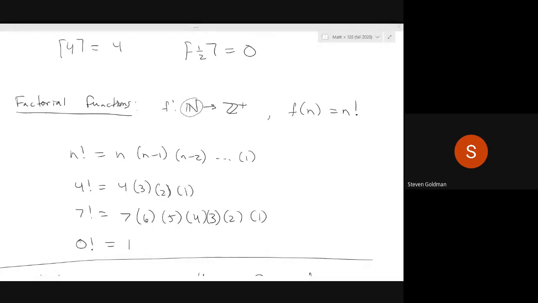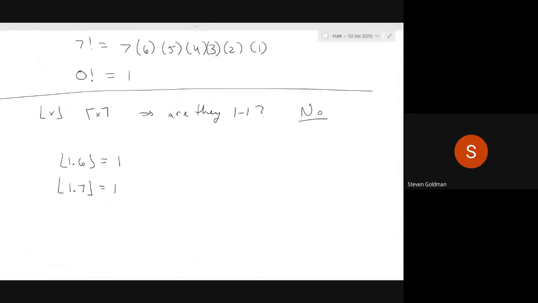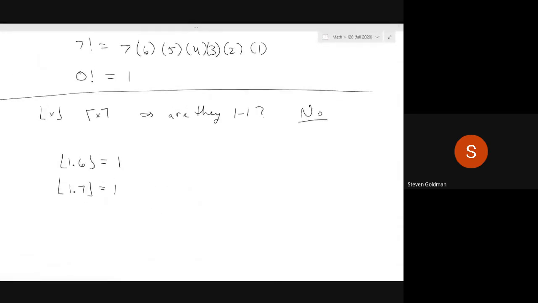I think we also had a question before about inverse functions. Did somebody want me to go back and explain something? What was your question about inverse functions? Was it just the last thing I said about inverse functions?